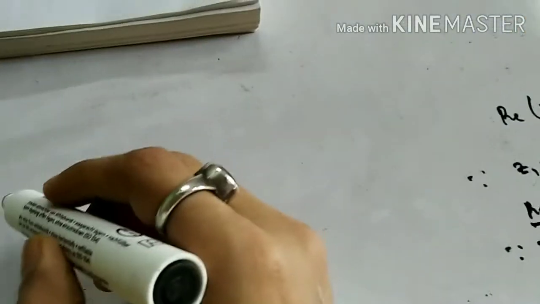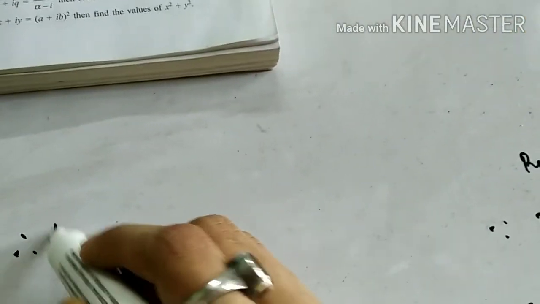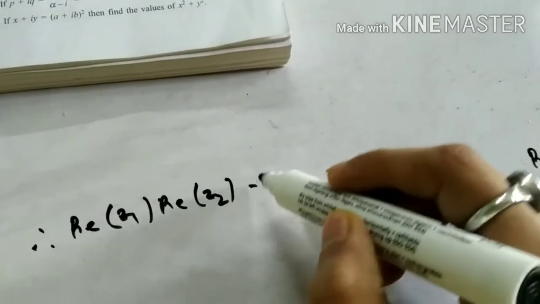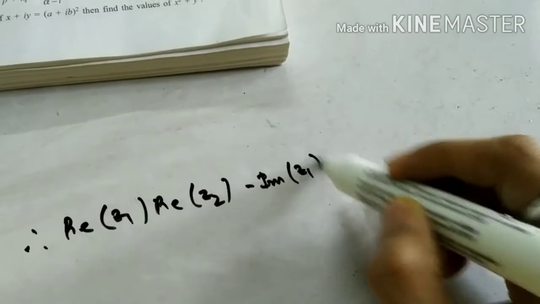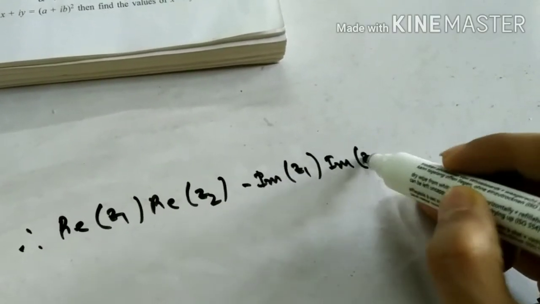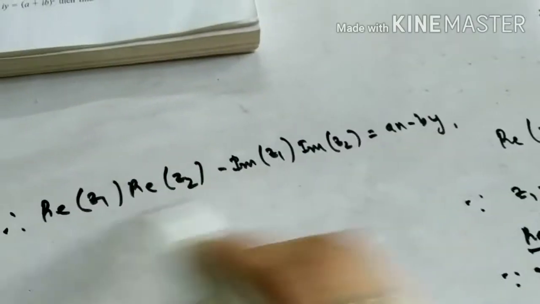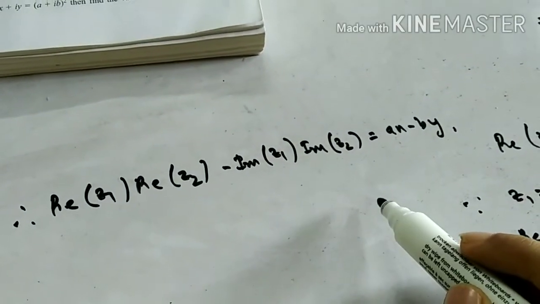Understand? So if I do Re Z1 Re Z2 minus Im Z1 Im Z2, I will get AX minus BY.